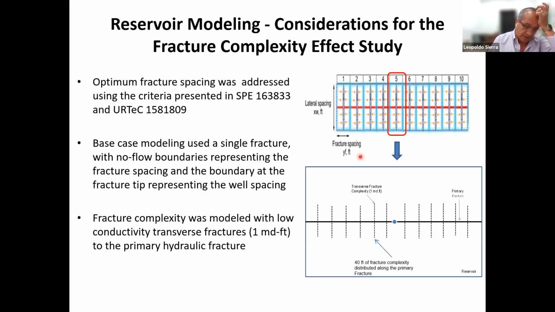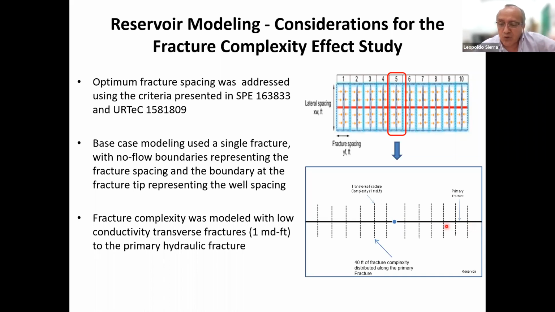To do that, like we did before to optimize the fracture spacing, we are isolating one fracture here. So this section is here, my wellbore is this blue point, and my fracture is this one.